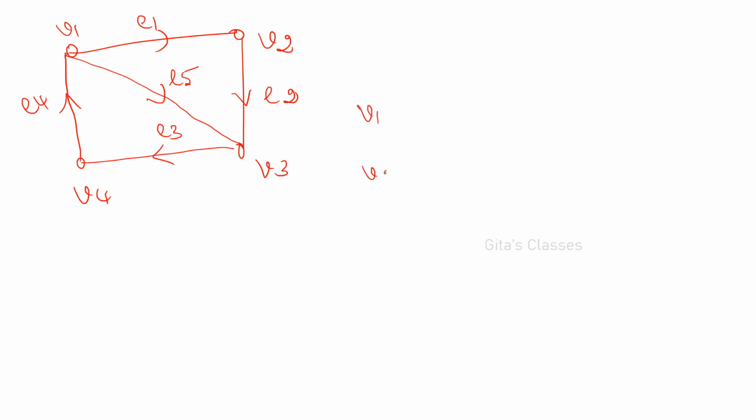V1, V2, V3, V4, and the edges are always written here: E1, E2, E3, E4, E5. For V1 and E1, always remember outgoing 1, incoming -1. So 1. V1 to E2: 0. E3: 0. V1 to E4: it is coming towards V1, therefore it is -1.